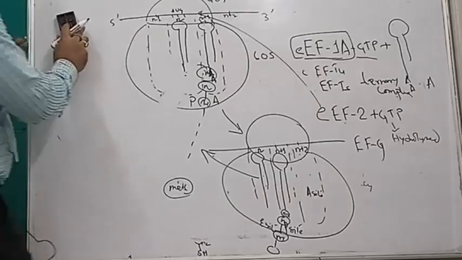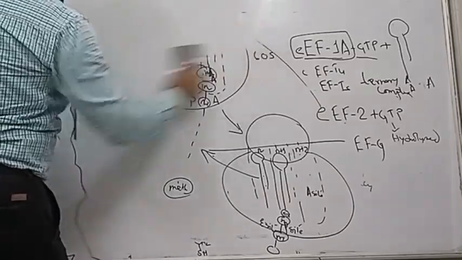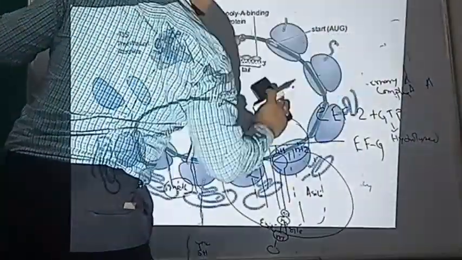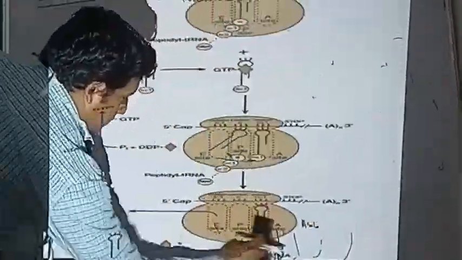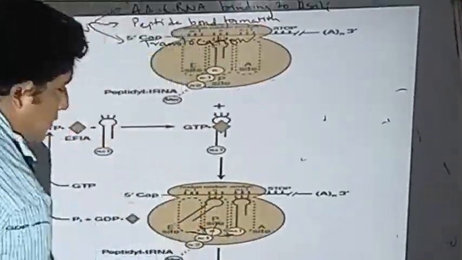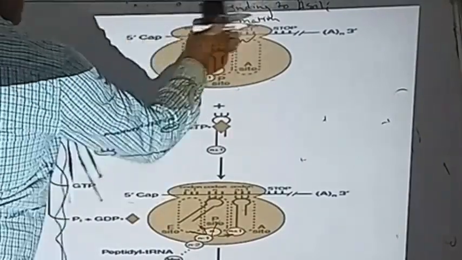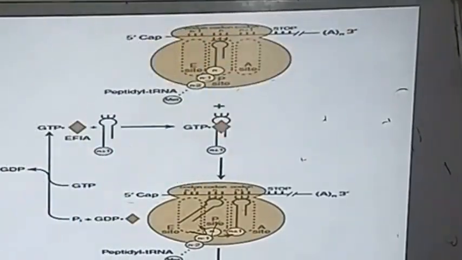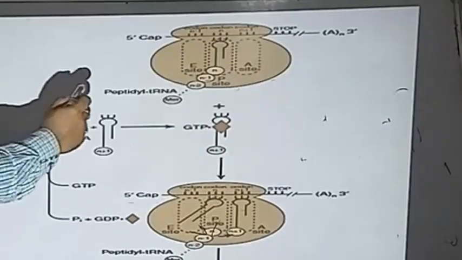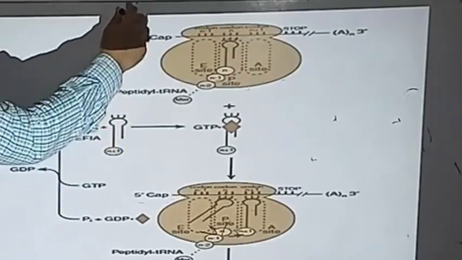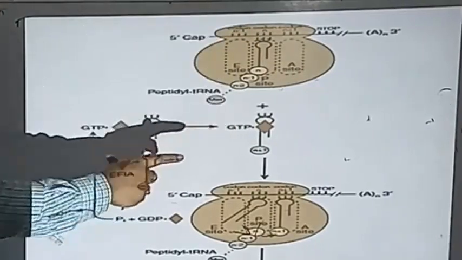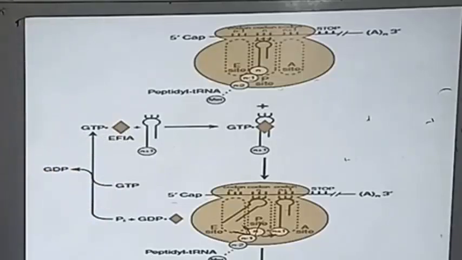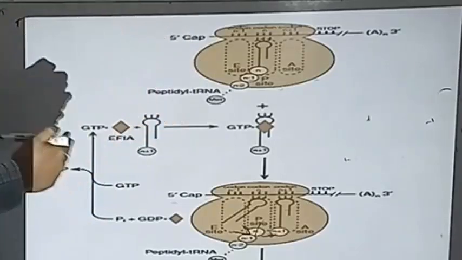Let us just see a slide. So the tRNA binding. You see this is the peptidyl tRNA. It is the moment captured when the process of translation is going on, right?